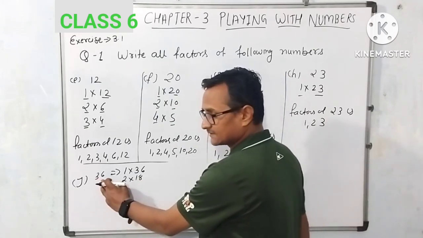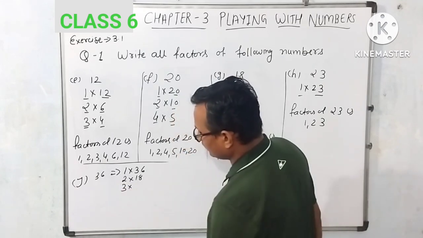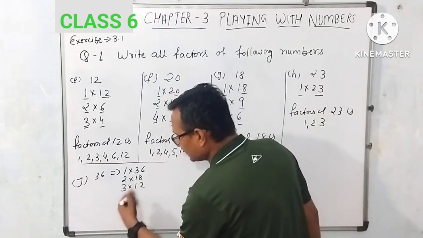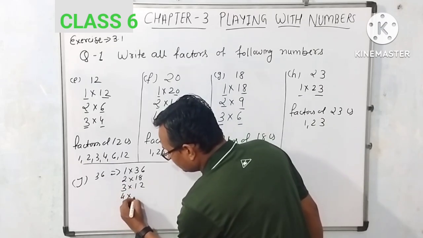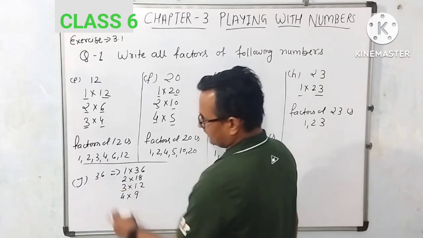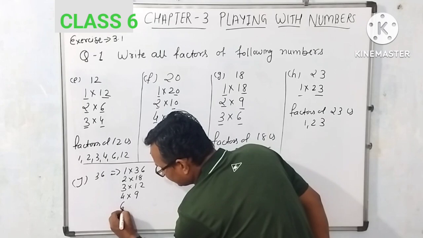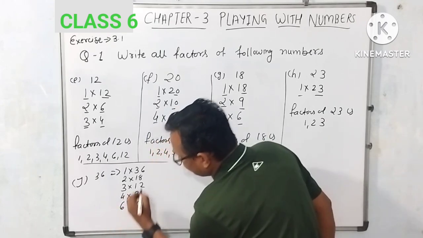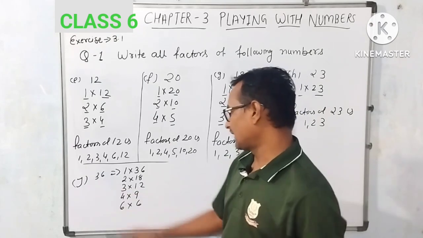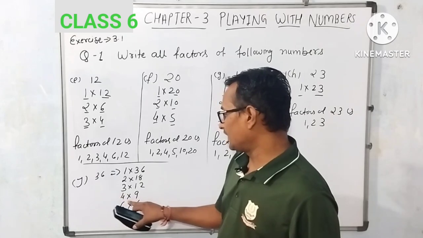Again 36 comes in the table of 3, so we can write 3 into 12. 36 comes in the table of 4, so 4 9s are 36. It does not come in the table of 5. It comes in the table of 6. 6 6s are 36. Then 7, 8, 9. So 9 4s are 36. So we have to stop because we have already written 4 into 9.